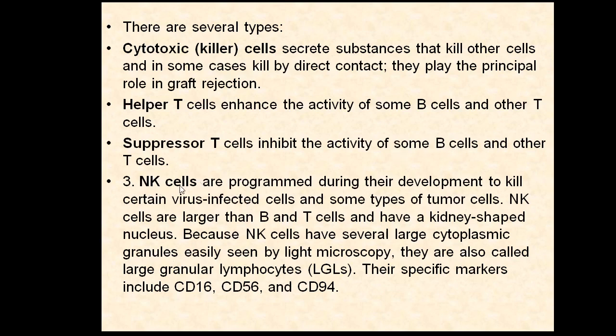Also, natural killer cells. These cells are programmed during their development to kill certain virus-infected cells and some types of tumor cells. If cytotoxic cells can kill everything, natural killer cells are programmed only for certain virus-infected cells, which they met earlier, or some tumor cells.